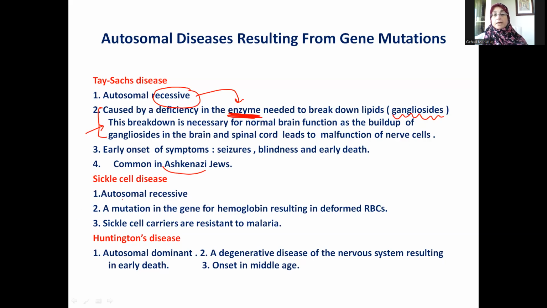Sickle cell disease is again an autosomal recessive disease, and we will be discussing it in detail in DNA. And as you know, there is a dominant gene for normal hemoglobin and a recessive gene for sickle cell hemoglobin. If you are homozygous dominant, then all your hemoglobin is normal. If you are heterozygous, having the dominant allele and the recessive allele, then you have a small fraction of your hemoglobin that is abnormal.